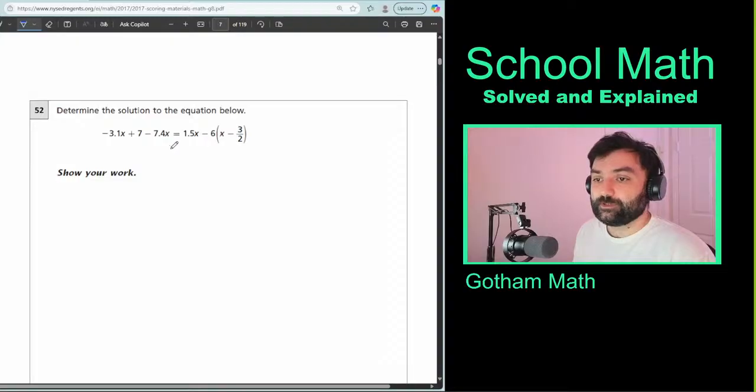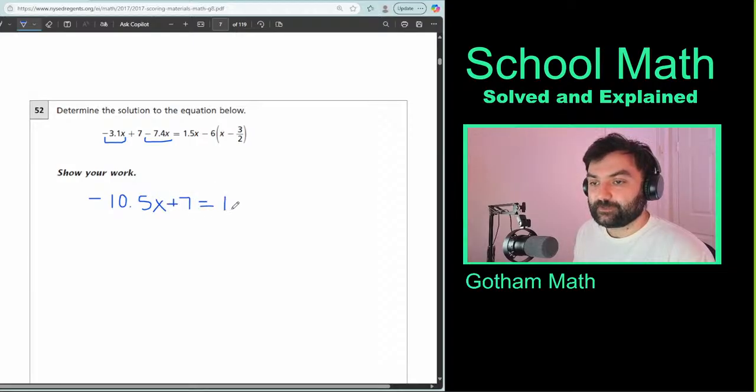So what do we usually start with? Well, when I see like terms, I usually combine them. I'm a simple man. I see like terms, I combine them. That's the rule of math that you need to remember. All right, so negative 3.1x and negative 7.4x, I'm going to combine right away, which will give me negative 10.5x, and then I basically just rewrite everything that's been there.